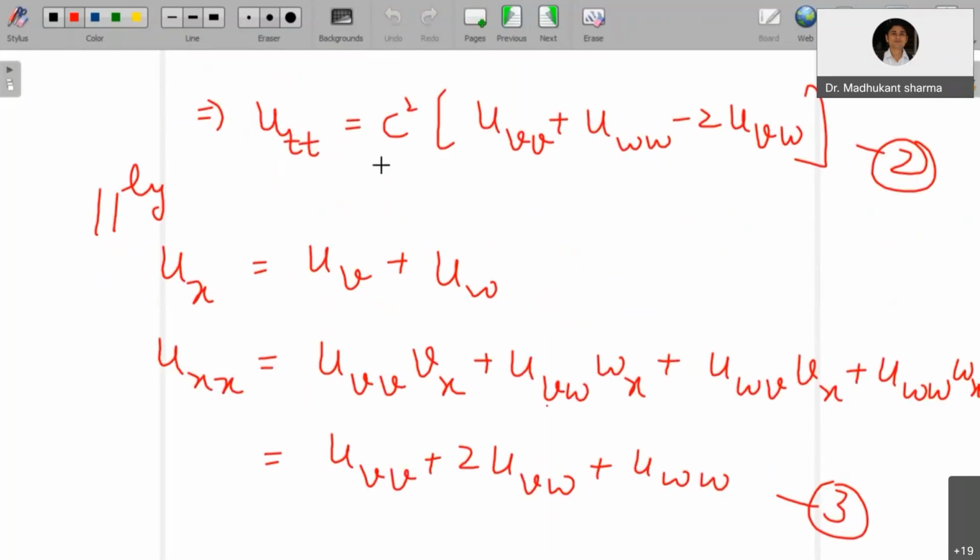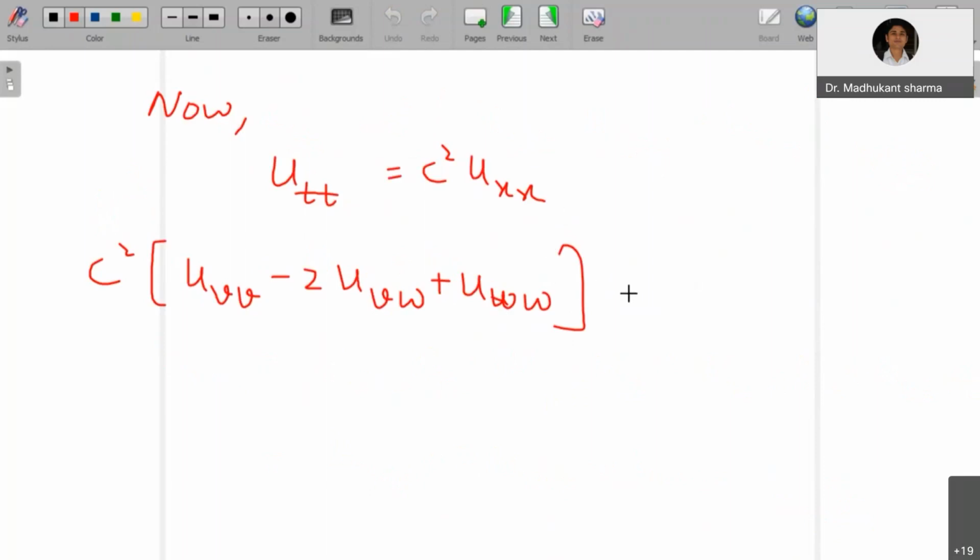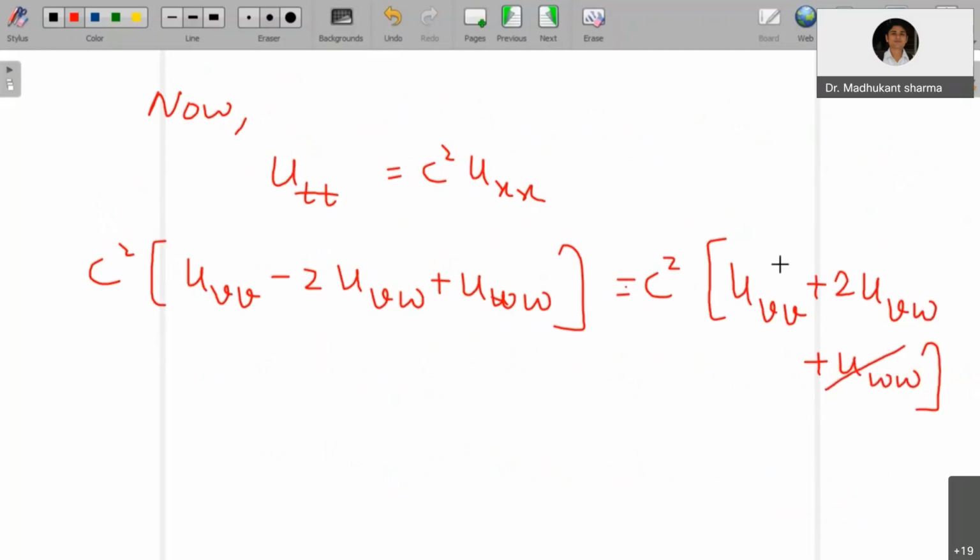This is equal to c squared times, because c squared is sitting outside, (u_vv plus 2 times u_vw plus u_ww).